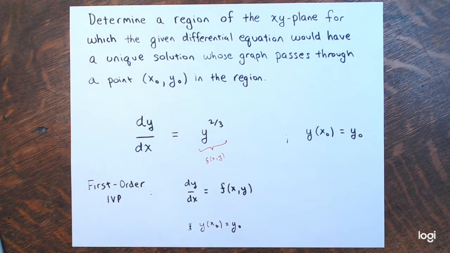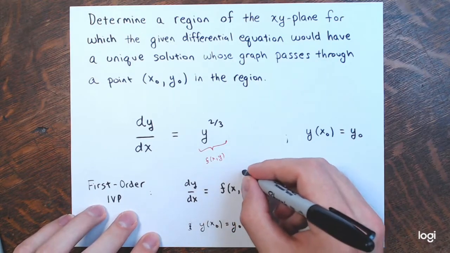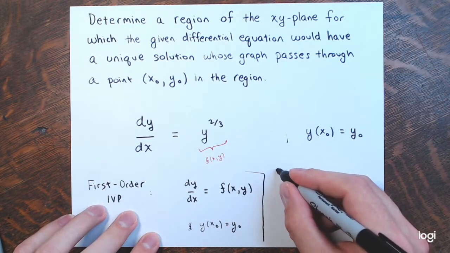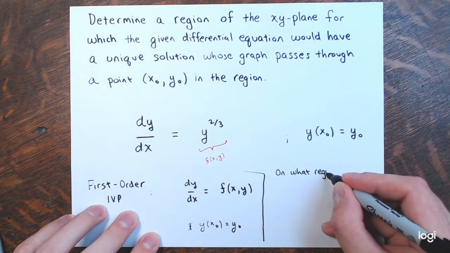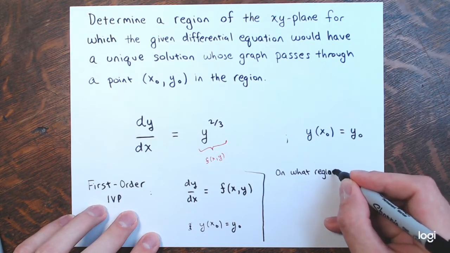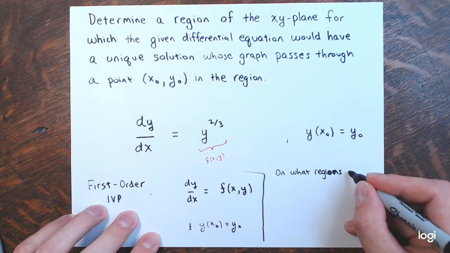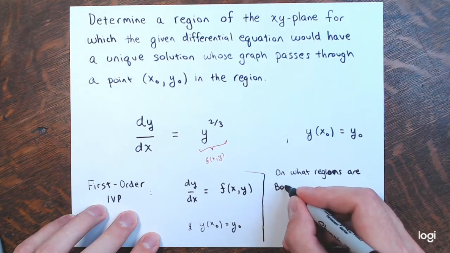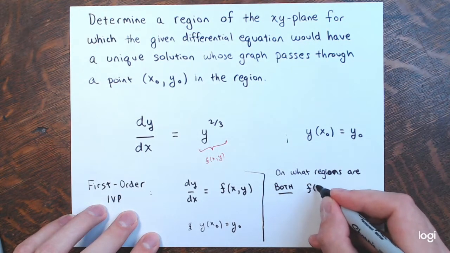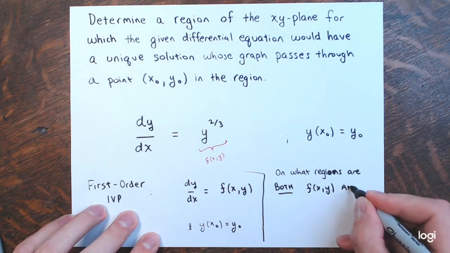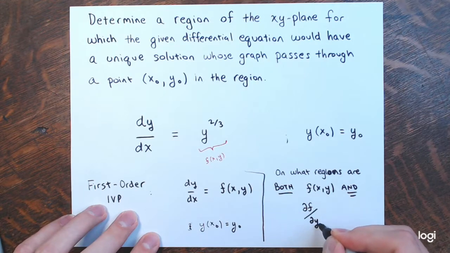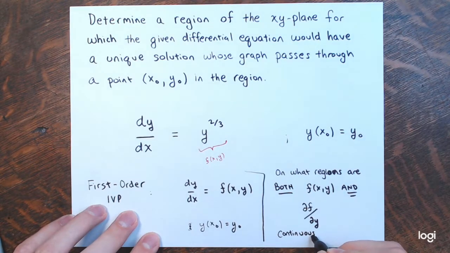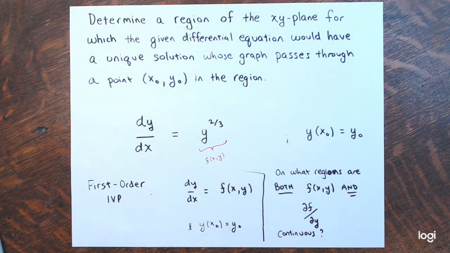So the big question is then, on what regions are both f of xy and the partial derivative of f with respect to y continuous. So that's the big question here.